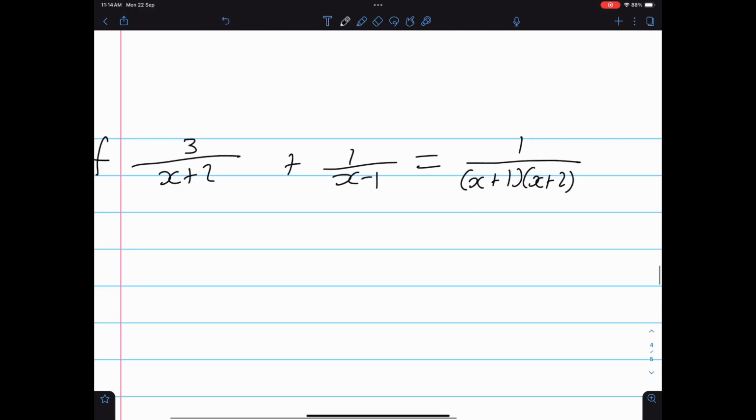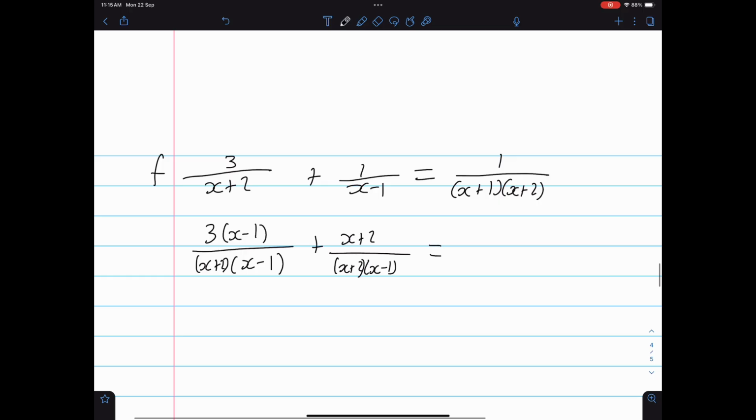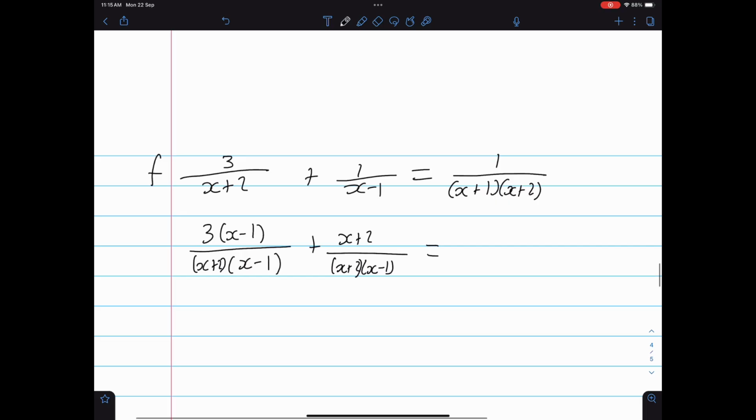So this will mean, okay, 3(x minus 1) over (x plus 2)(x minus 1), plus (x plus 2) over (x plus 2)(x minus 1) will equal 1 over (x plus 1)(x plus 2).